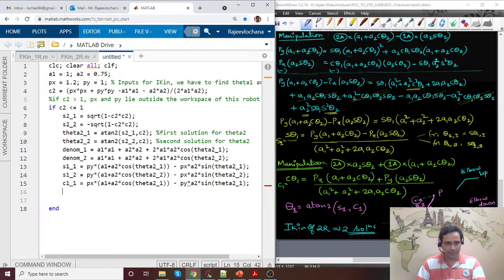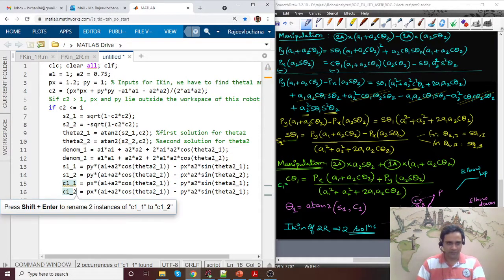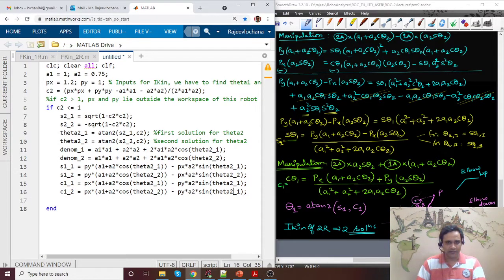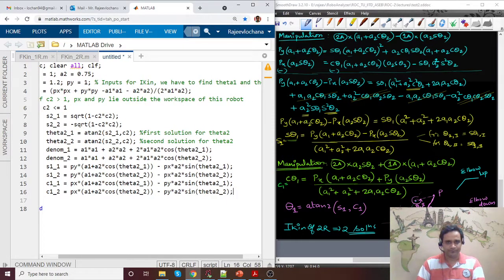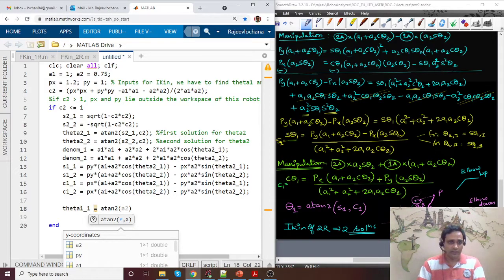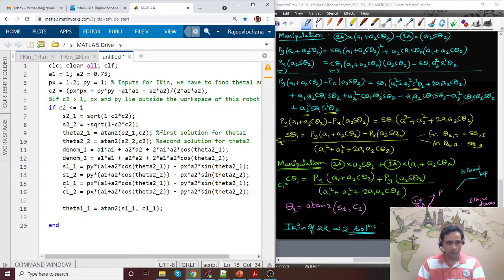Okay, now I'm going to copy paste. So C1 second solution uses theta 2 underscore 2, and again theta 2 underscore 2. Now the remaining part is theta 1 underscore 1. So atan2 of, now the y term is sine and the x term is cos, s1 underscore 1 and c1 underscore 1. When we do this, we'll get the first solution.